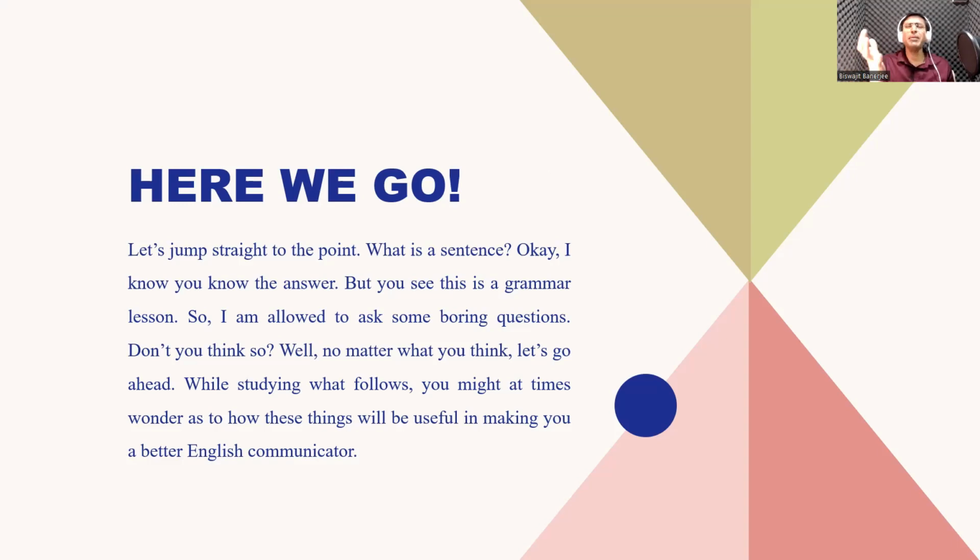Some of the stuff may not be directly pertinent to your speech, but it's important still. It will still have some impact, maybe a subconscious impact, maybe an impact that is not fully visible, but there will be an impact nonetheless. And most of what we are going to do as a part of Essential English Grammar will have direct impacts on your language, right? And I did say that I'm allowed to ask some boring questions, but don't worry, I'll not be asking you anything boring, right? Let's go ahead.